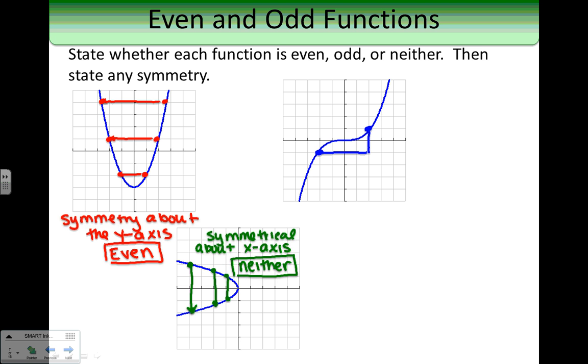So this is symmetrical about the origin, which makes it an odd function.